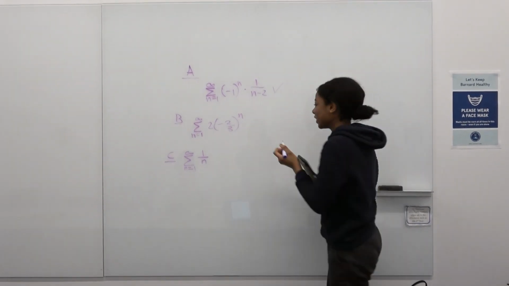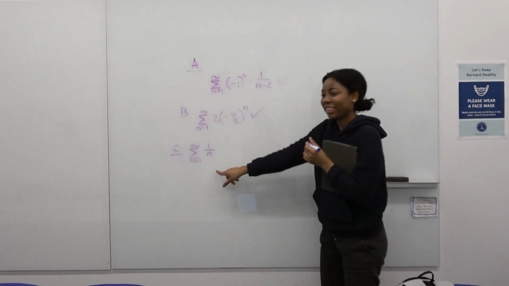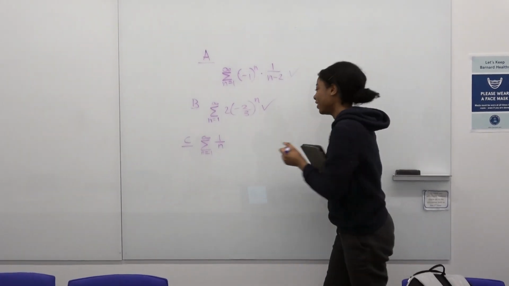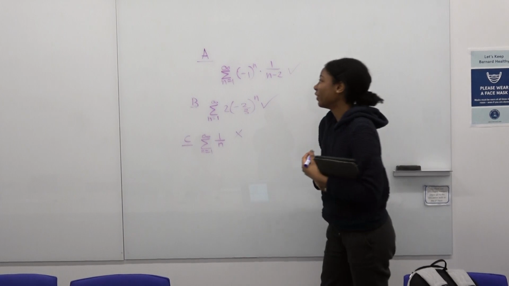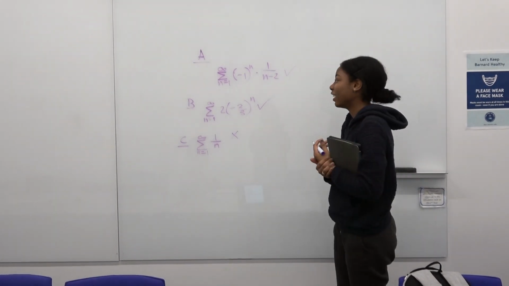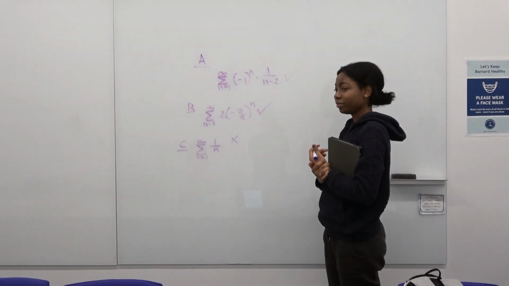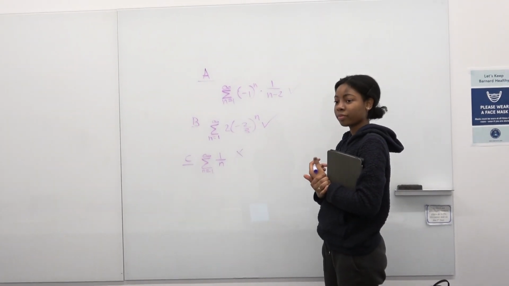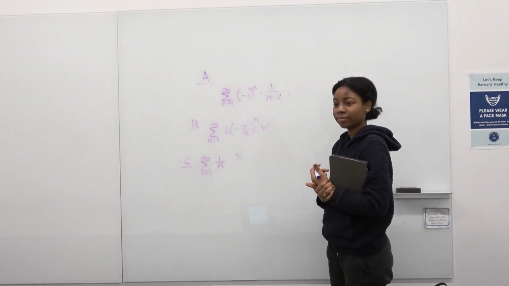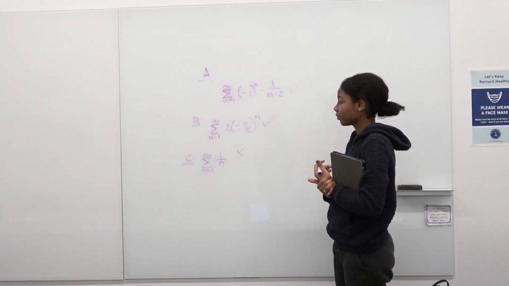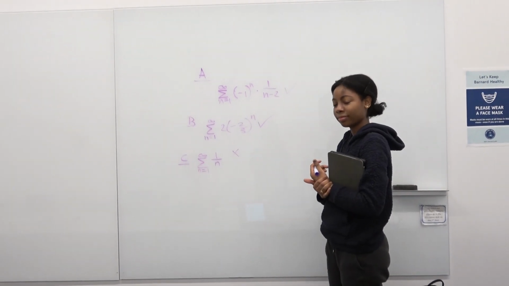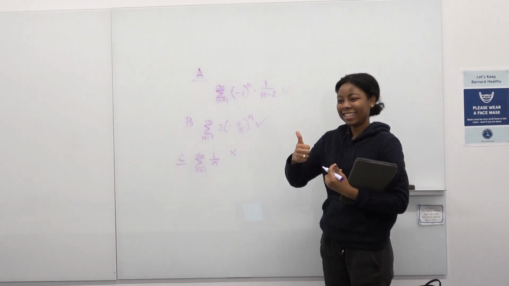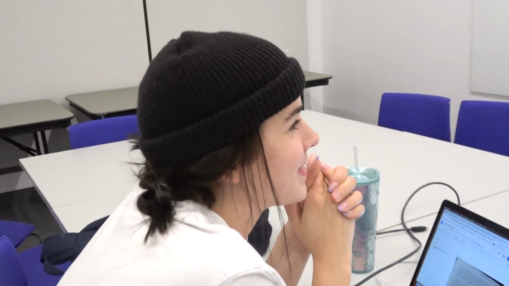Oh my gosh, you're so smart. Wow. And what about this? No. Also correct. What did you use to tell you? Well, I saw that the number in the parentheses in the first two was negative. And then it has an exponent, so when it's to an even number, it'll be positive, and when it's to an odd number, it'll be negative. Yes. Okay.